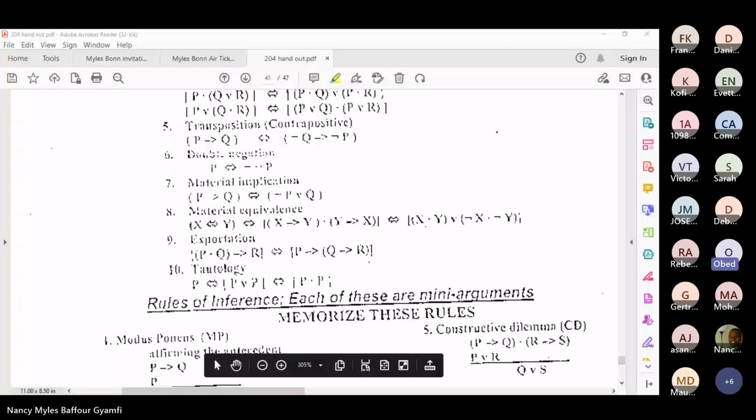Negated Y conditional negated A. A conditional Y becomes not Y conditional not A. Well done. That was contrapositive revised.